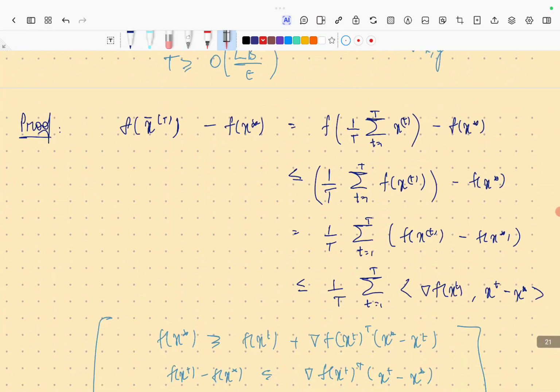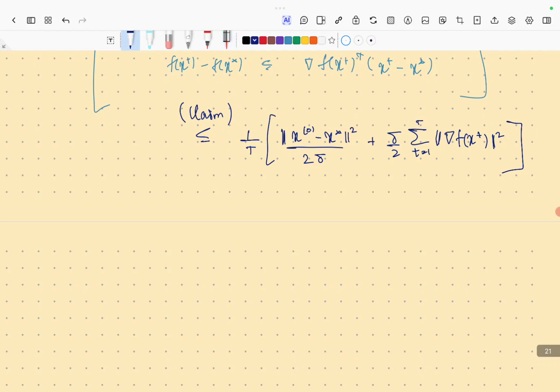So if I use these two, I get that this is less than or equal to 1 by t times b square by 2 delta plus delta by 2 times t times rho square. So this bound is true irrespective of what delta I choose.